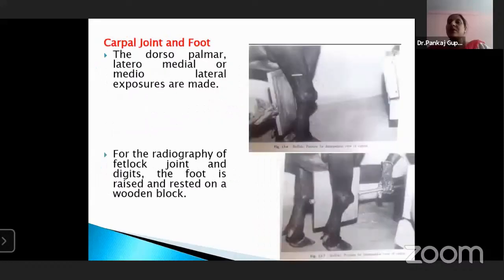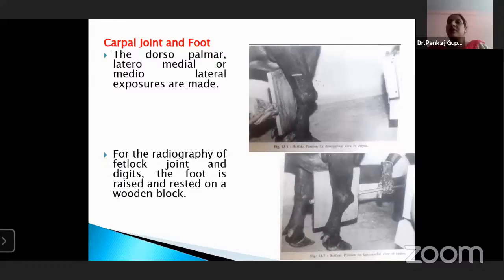Now about the carpal joint and foot. For the carpal joint and the bones beneath it, that is metacarpal, we take dorsopalmar or lateromedial or mediolateral views, whatever is possible. Ideally, we should take two views, VD as well as the lateral views.